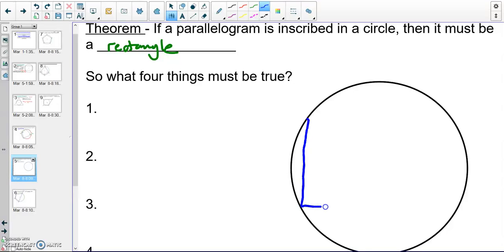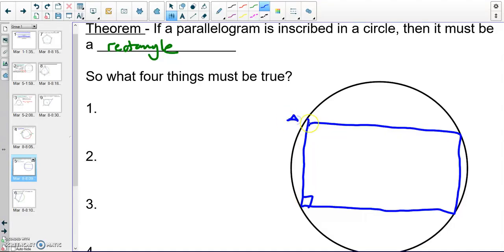So if we do have a rectangle that is inscribed in a circle, and we know it's a rectangle, first thing, let's label our vertices, and we'll call the center O. We know a bunch of things.